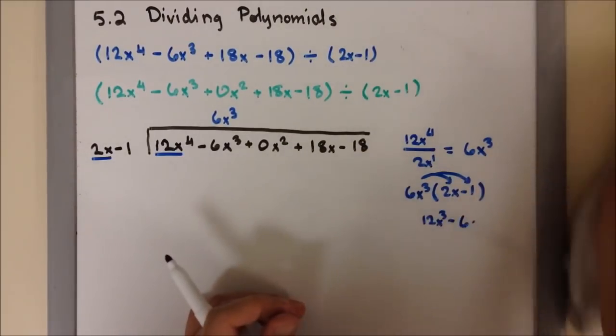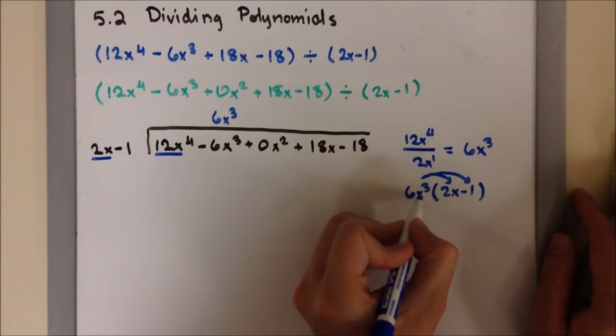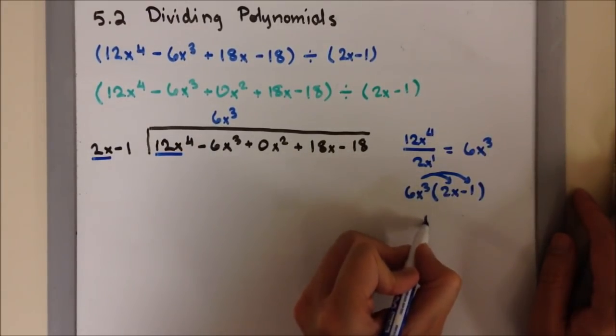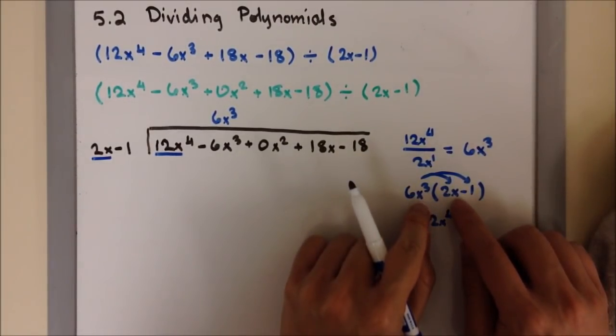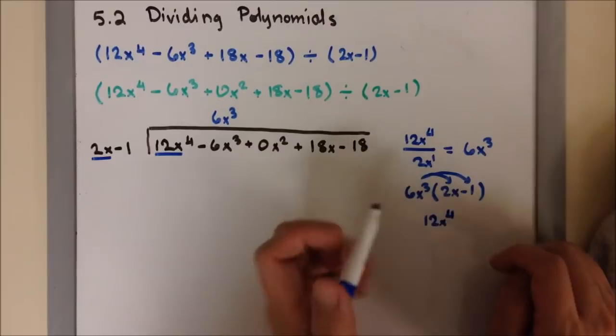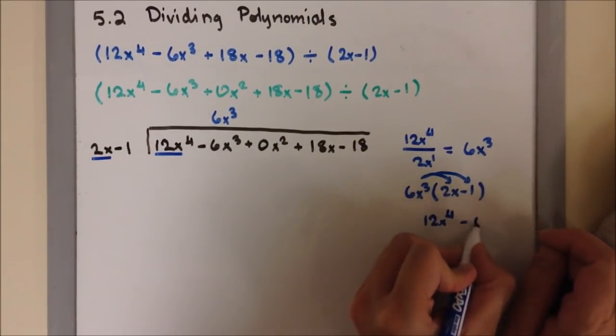Let me repeat that. 6x to the 3rd times 2x will be 12x to the 4th. Remember, when multiplying the same base, we add the exponents. And then 6x to the 3rd times negative 1 is simply negative 6x to the 3rd.